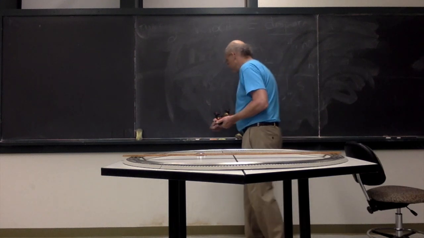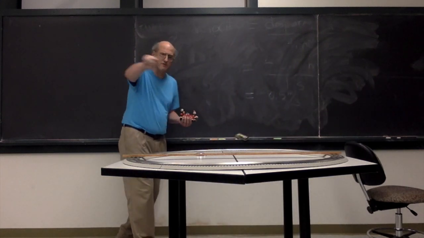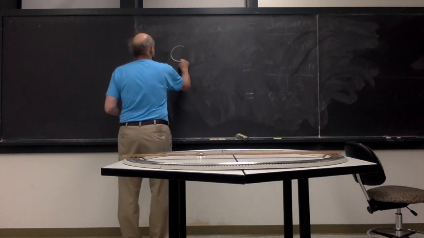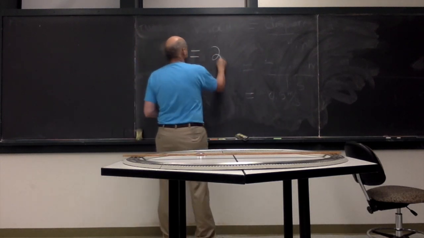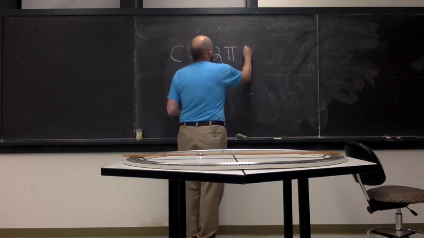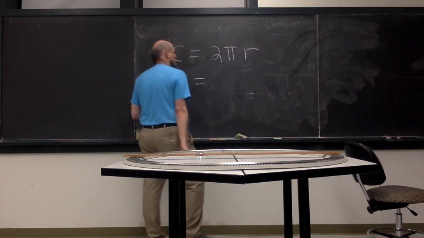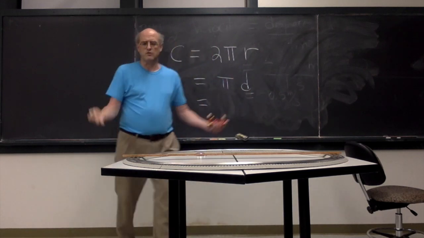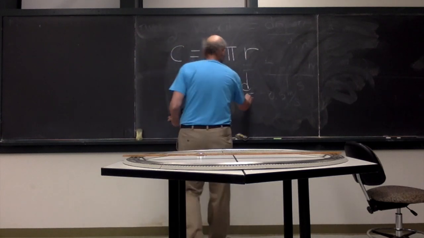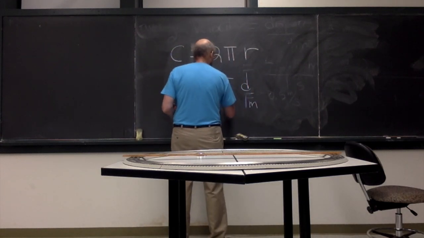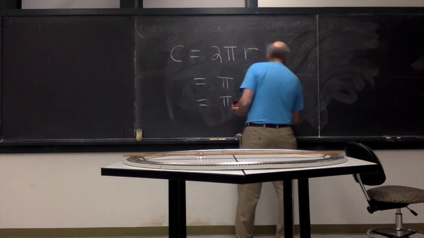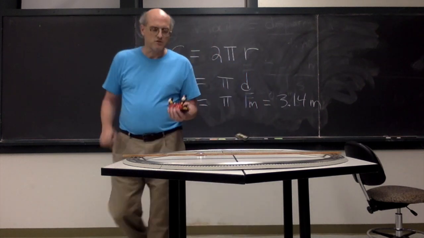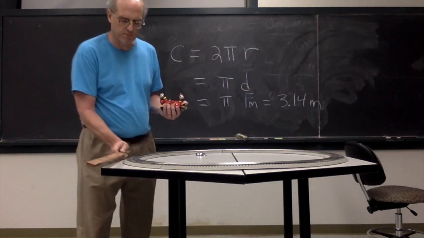All right, so the circumference of this circle, C, is equal to 2 pi times the radius, or pi d. And I said that the diameter was approximately 1 meter. So we're talking about a distance of about 3.14 meters. So let's time it, and then we'll get the average speed.